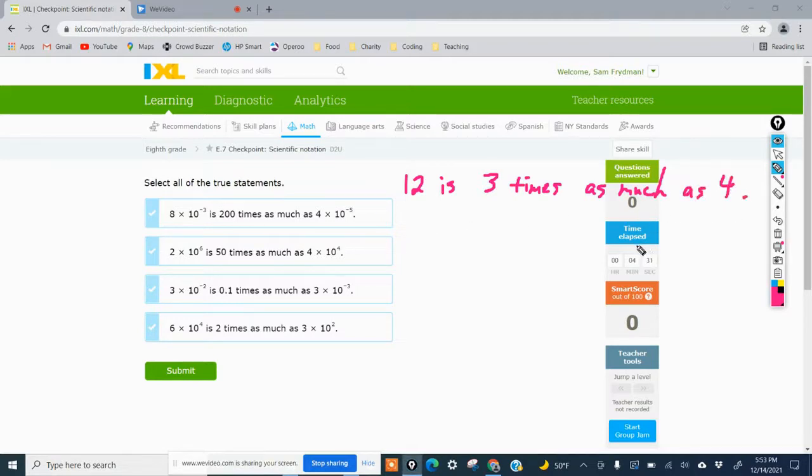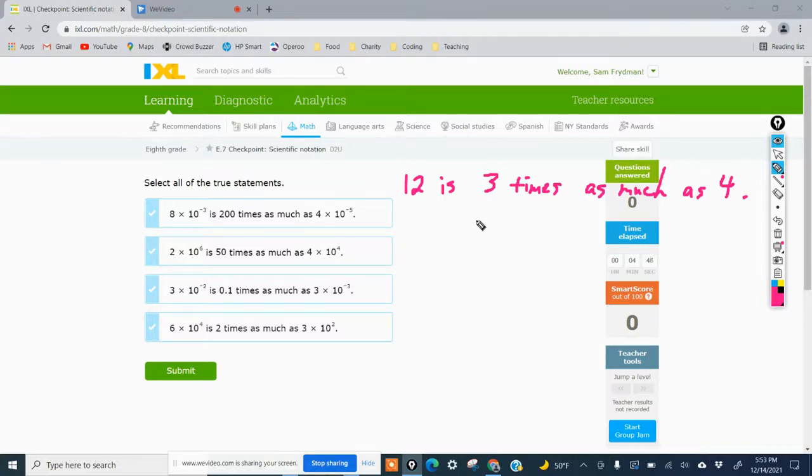Is that a true statement? Well, how would you figure that out? You probably know that this is a true statement, and you probably figured it out in your head so quickly that you didn't even realize what you were doing.